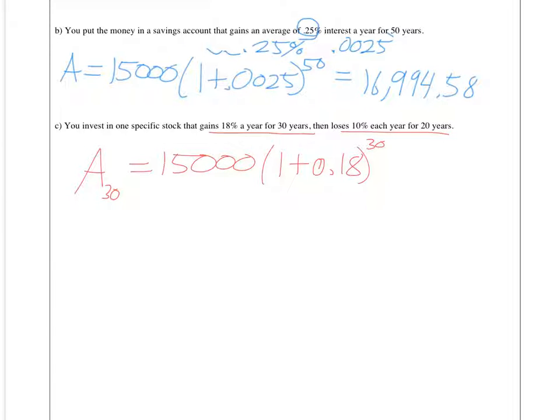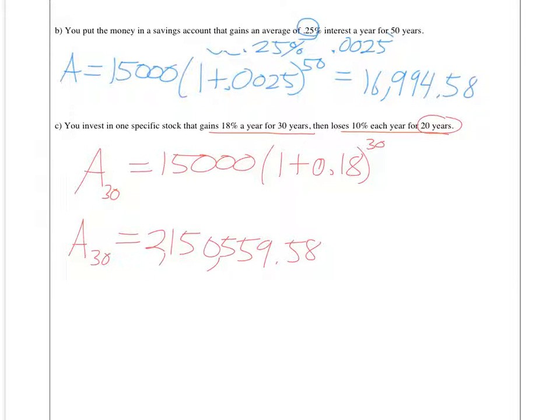When I plug this in, we get that the amount at 30 years is $2,150,559.58. So that's over $2 million.